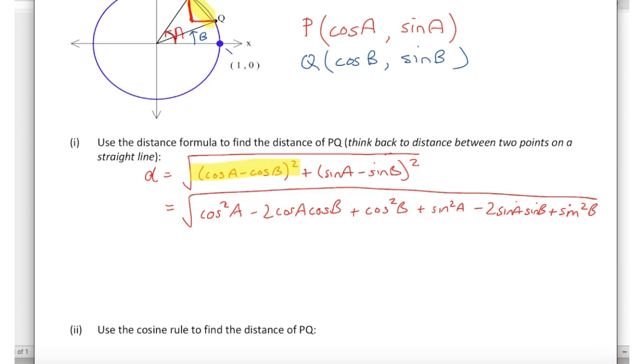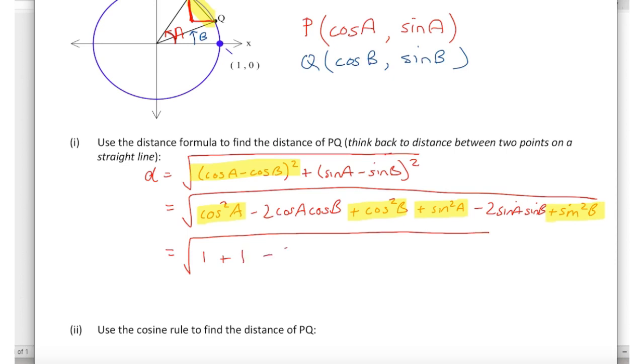Okay, let's see if we can simplify this down a little bit. We've got cos squared A plus sine squared A, and we know from our Pythagorean identity that this equals 1. Also cos squared B plus sine squared B will give us a value of 1. That's taken away a few terms.